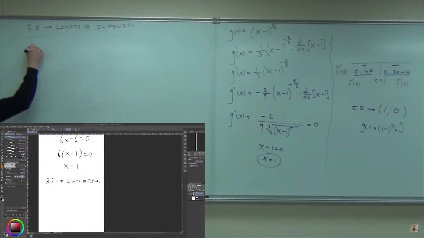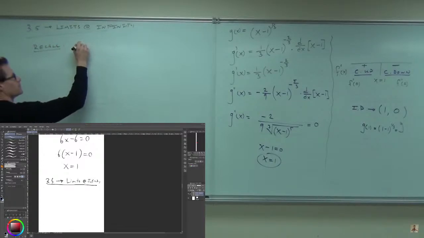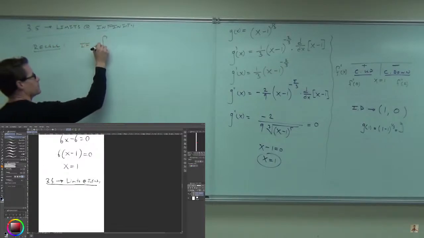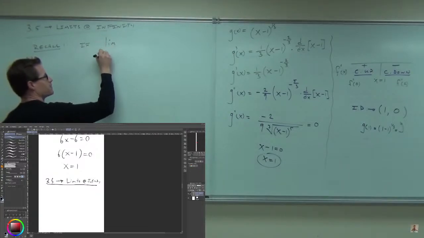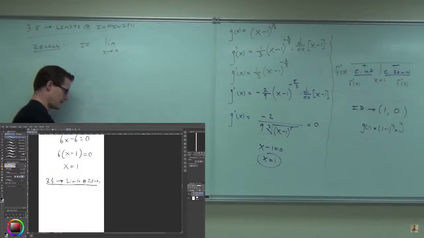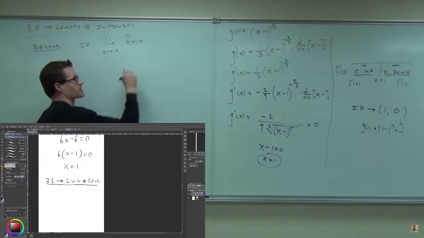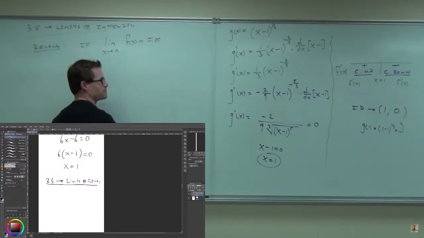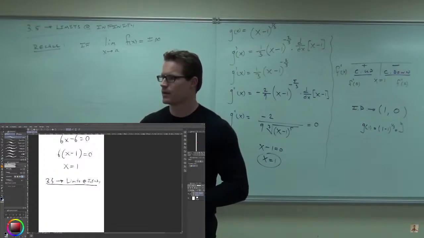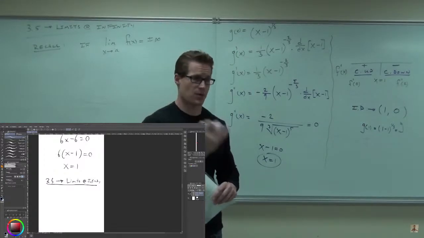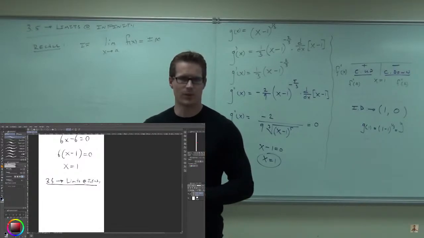Do you remember that if the limit as x approaches a number A of f of x equals plus or minus infinity, that gave us an asymptote? Basically, when you could not cross out the problem in your limit, you had an asymptote. When you could cross it out, it's called a removable discontinuity.